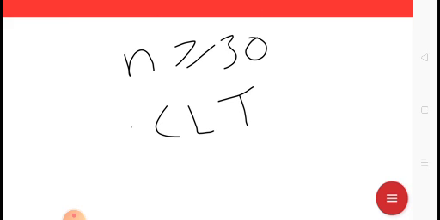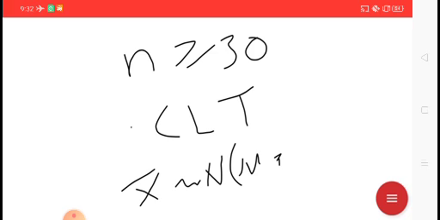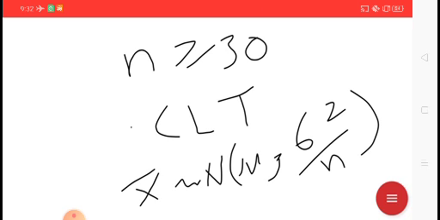So when you need to apply CLT and you need to form your distribution, same thing, if you want to find the Z value, you will use the same formula.